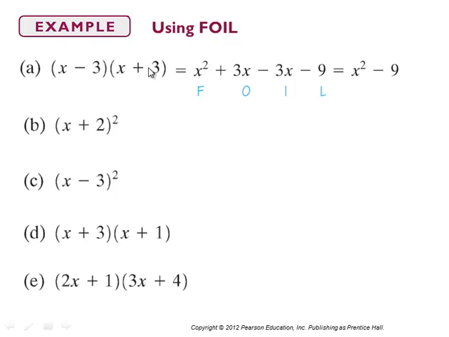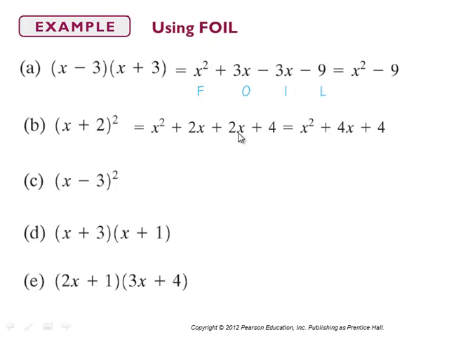By the way, when you see a binomial times its conjugate, you're always going to have this difference of squares sort of thing, because the outer and the inner terms will cancel each other out. For part B, we actually are doing the square of a binomial, x plus 2 in this case. And notice that the outer and the inner products are the same.